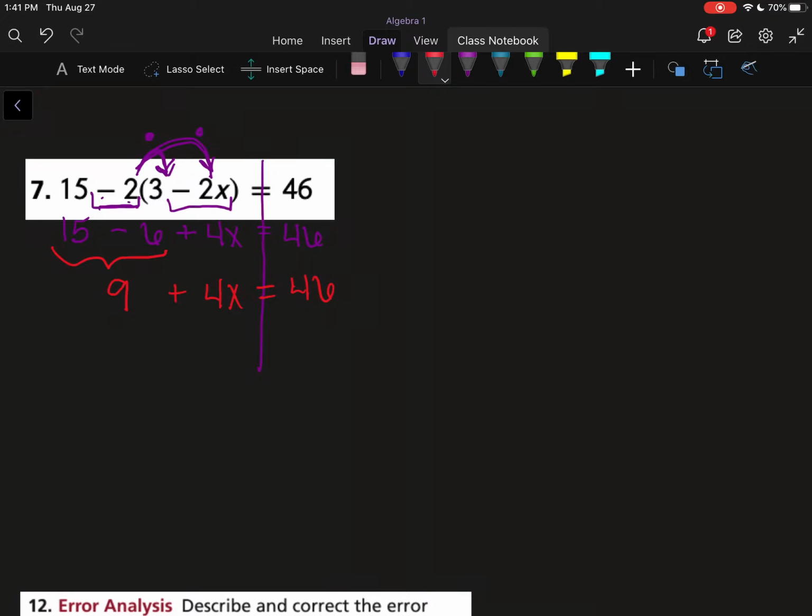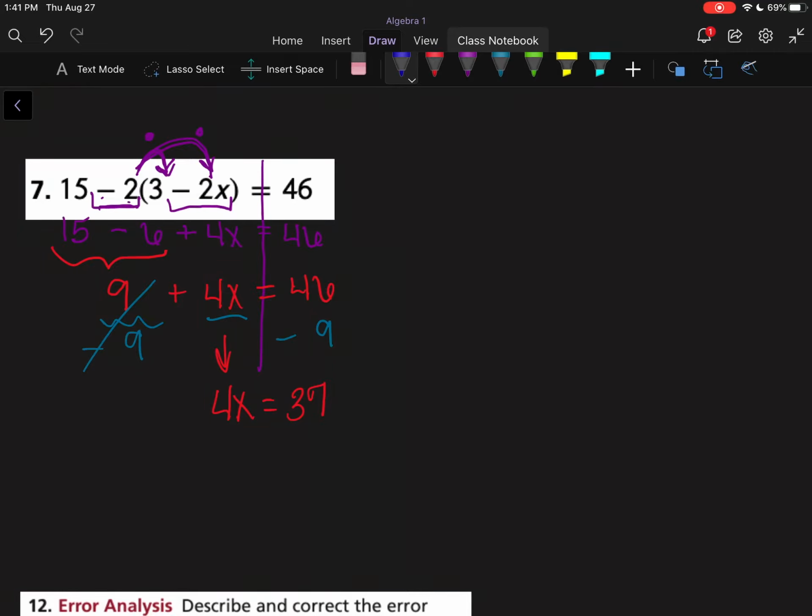Now I'm ready to do my opposite operations. I cannot work with this 4x yet because I still have this 9 here that I need to undo. The opposite of positive 9 is negative 9. So I'm going to subtract 9 from both sides, bring down my 4x, bring down my equal sign. 46 minus 9 is 37.